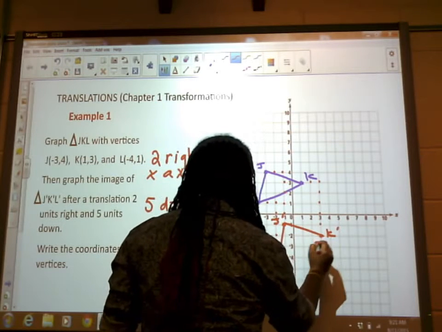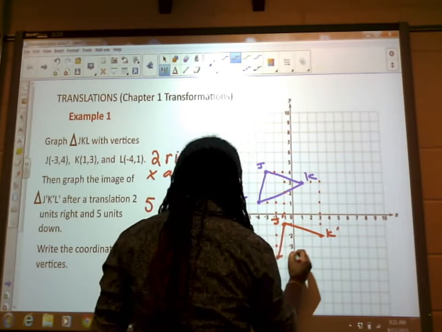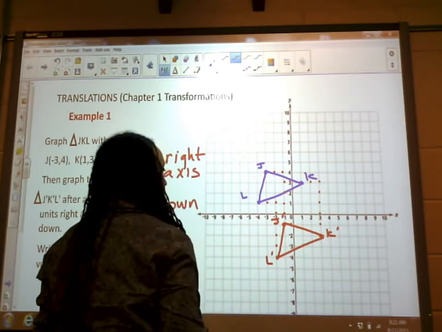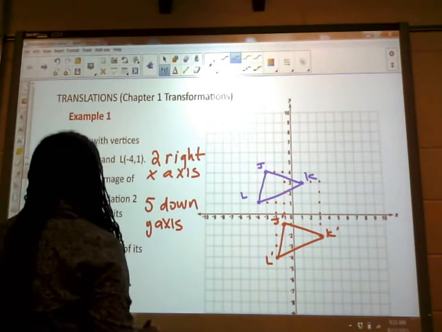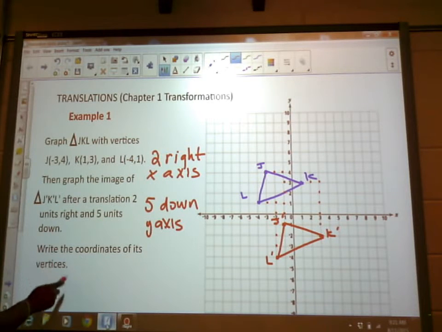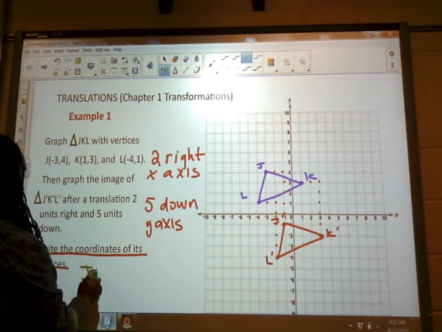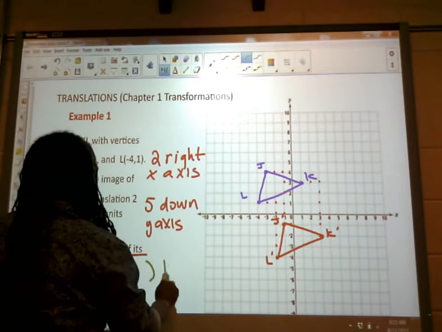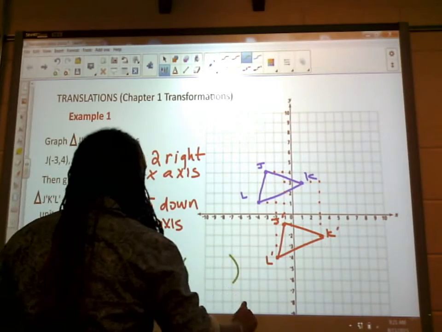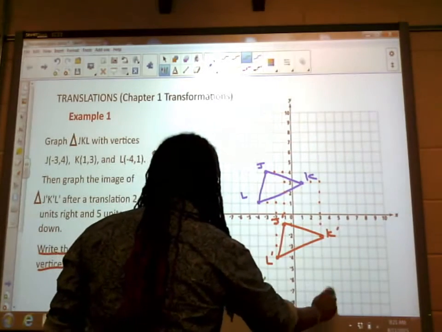So the reason why J prime, K prime, and L prime have apostrophe marks or prime marks is because something happened. The final portion of the question or example says write the coordinates of the new vertices. So that means you need to write J prime, K prime, and L prime.